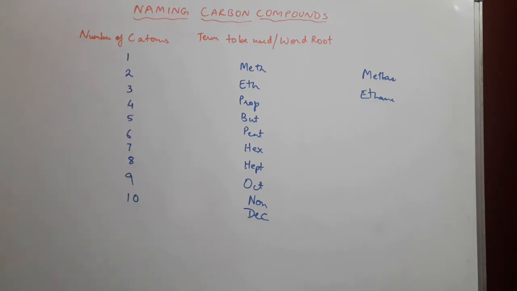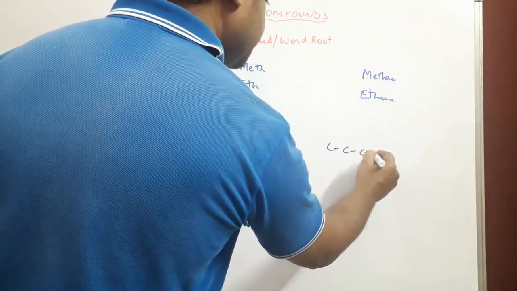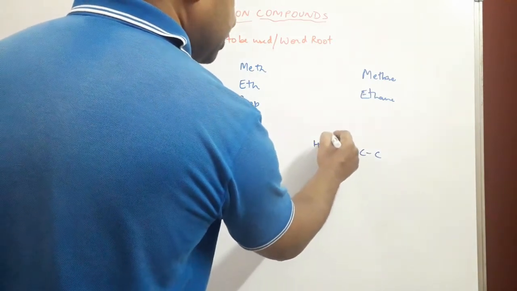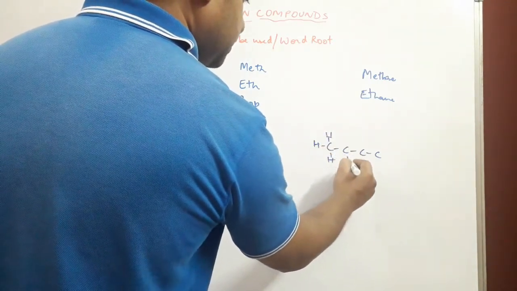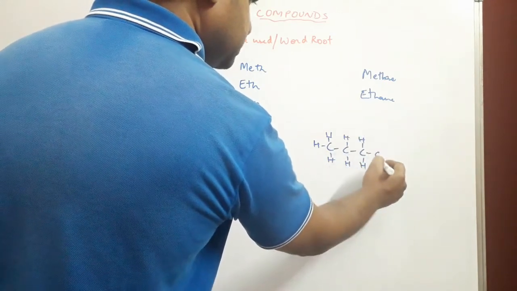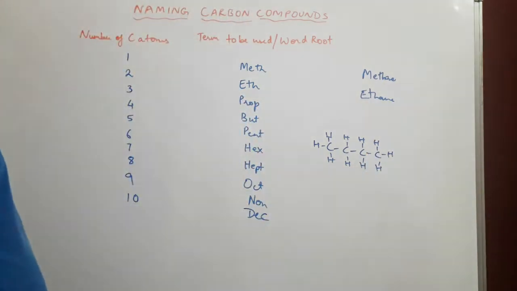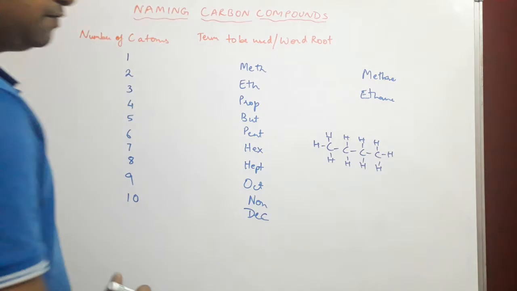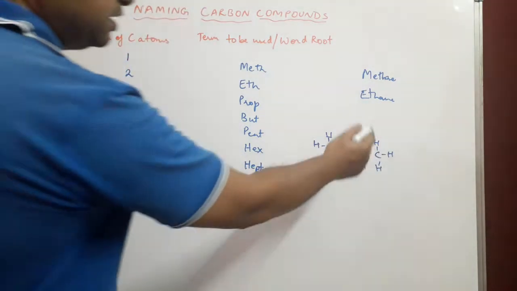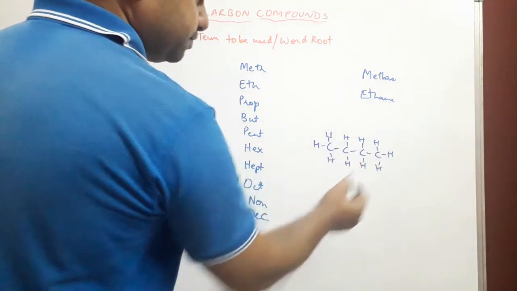For example, if we have carbon atoms and hydrogen atoms surrounding them, completing the valence electrons like this, and we were to name such a compound, we would look first at the number of carbon atoms in this structural diagram. So how many are there? 1, 2, 3, 4.